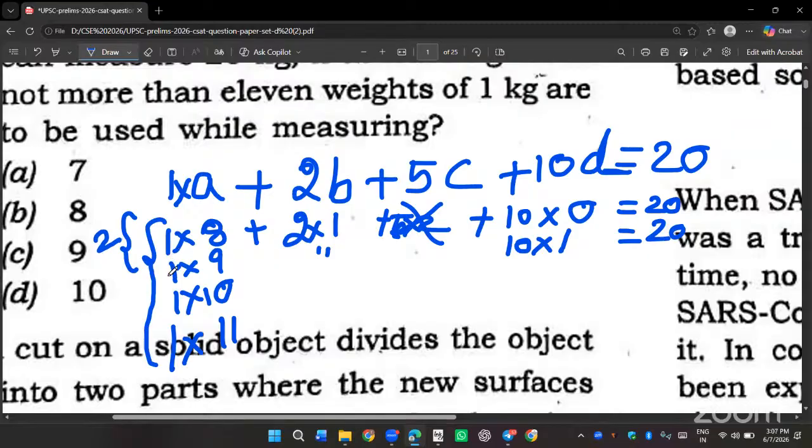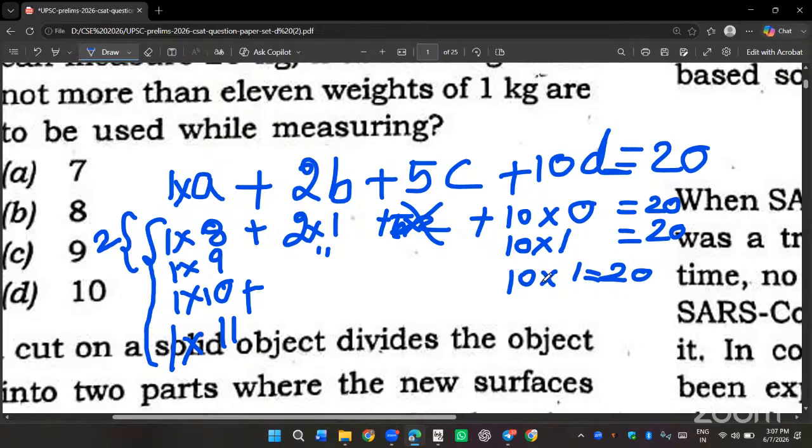Next, if I take 10 1 kg weights, with this I can add 10 kg weight one time. So I will get 20 kg. Okay, this is one way.